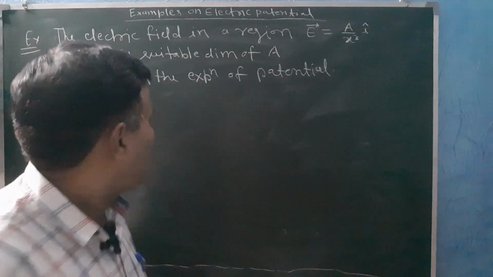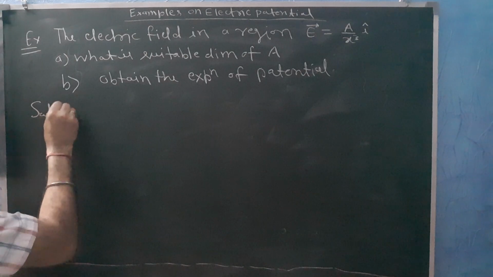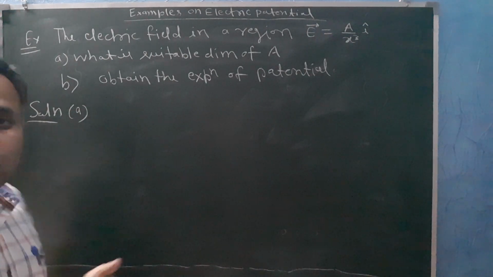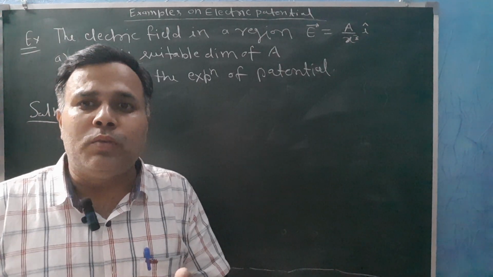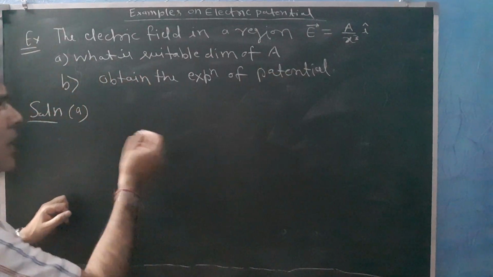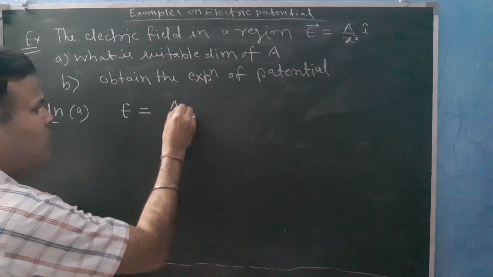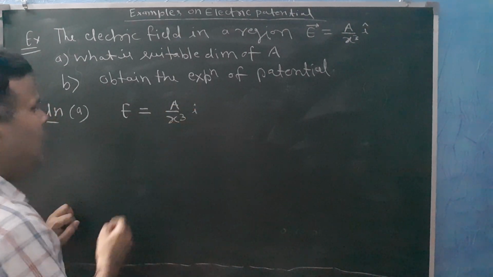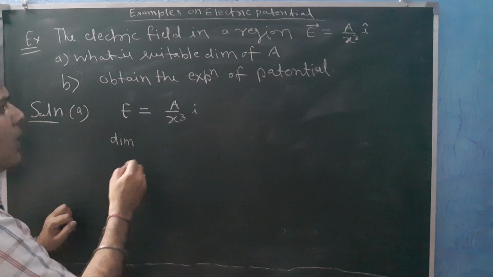So let us deal with it one by one. The first question, solution A. We know that we can add or subtract only those quantities whose dimensions are equal. With this analogy, we have the electric field, which is A upon x cube i cap.